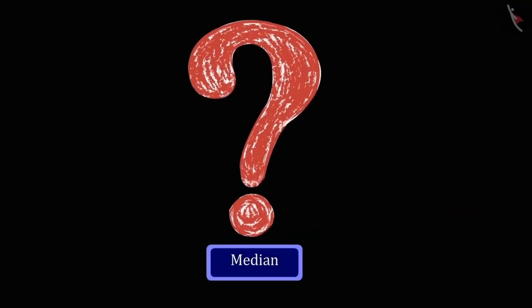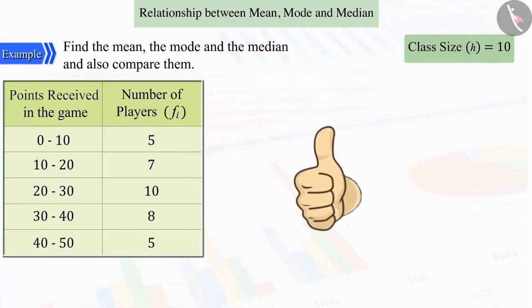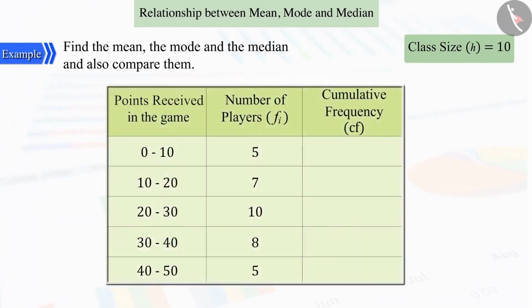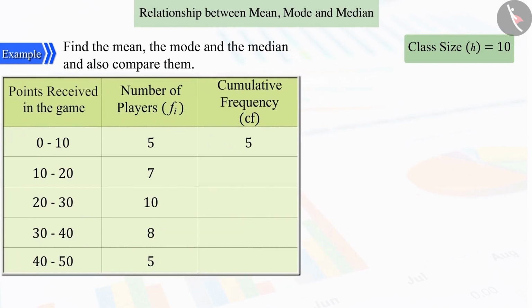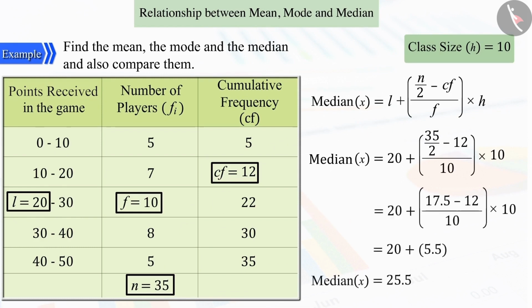So, can you tell what will be the median from the given distribution table? Good. For this, first let's construct the cumulative frequency column, where, substituting all the values in the formula for the median and solving, we get the median value as 25.50.